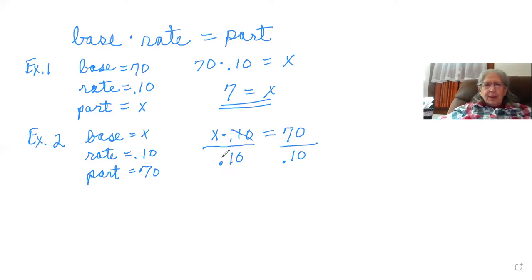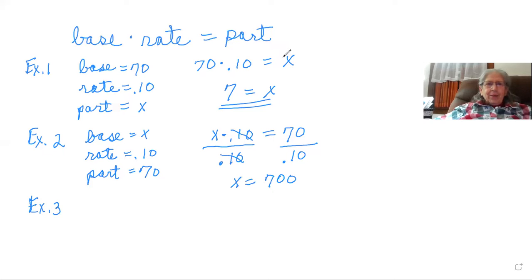And the 0.10s on this side cancel. So we get X equals 0.10 into 70, which turns out to be 700. And we're done.